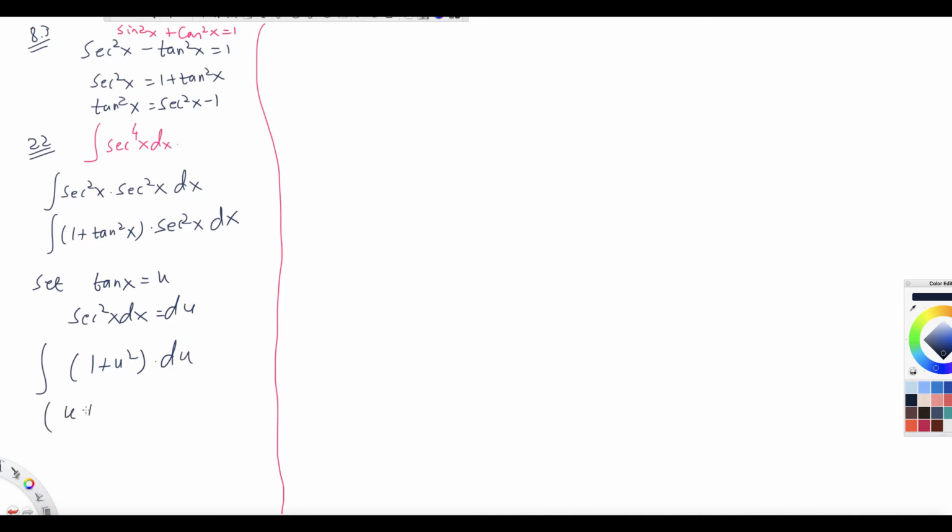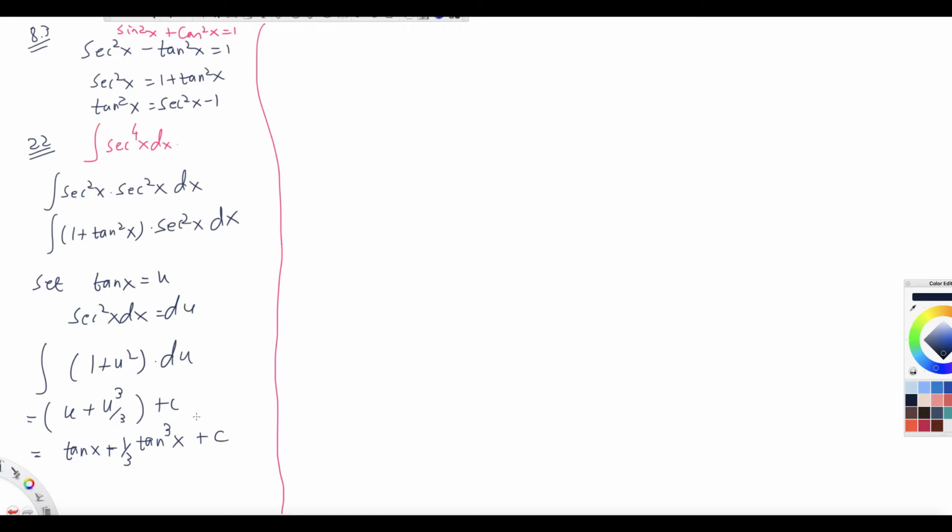Then u plus u cubed over 3, right, and then plus c. So you don't need parentheses actually. So that can be written as, what is u though? u is tangent x. So it is tangent x plus 1/3 tangent cube x, and then plus c. That is the final answer.